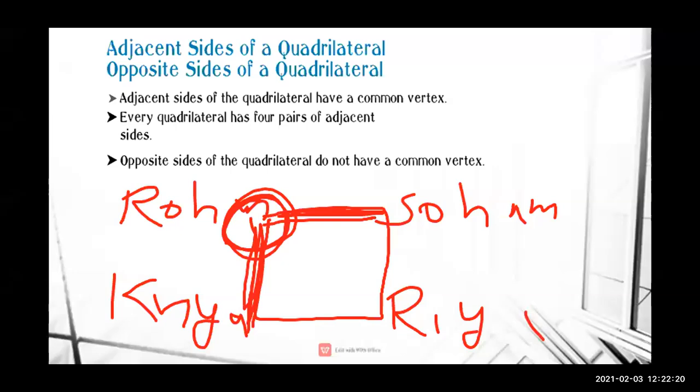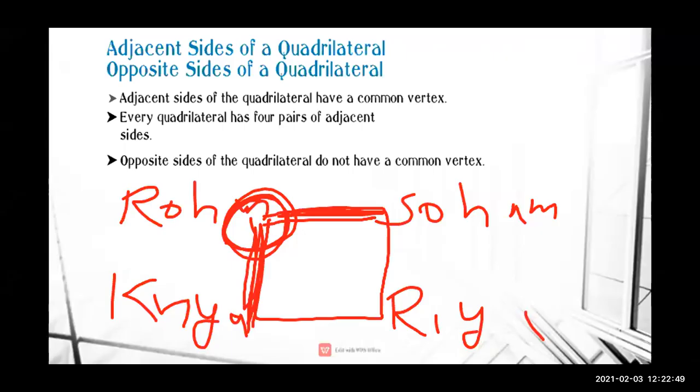Who is the common one over here? Very good. Rohan is common, because Rohan is connected to Soham and to Kriya. So that common vertex with 2 sides is called adjacent sides.